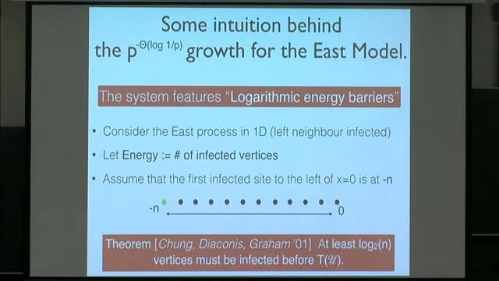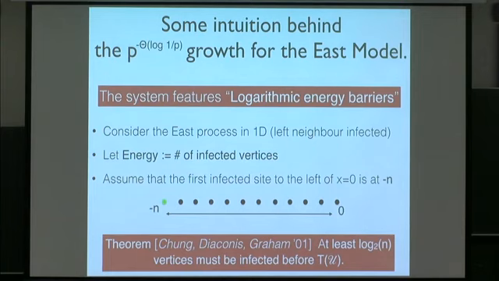Since every vertex has a cost in energy, you see that you have to increase the energy by an amount that is at least logarithmic in the distance, and this is what physicists call logarithmic energy barriers.